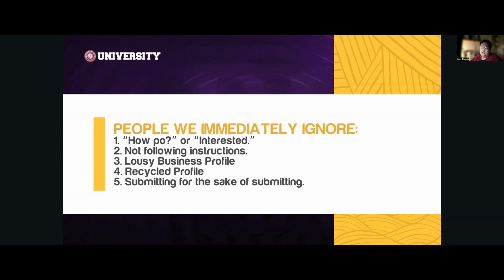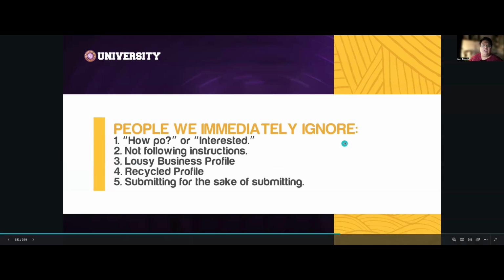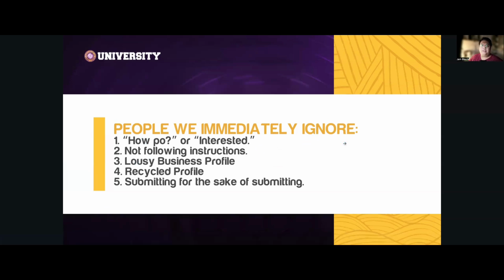Again, we customize every profile that we send for every job listing or opening. We talked about that in the previous modules. So these are the people we automatically reject. If you're part of this, that is the reason why you've been sending a lot of applications but keep getting rejected.